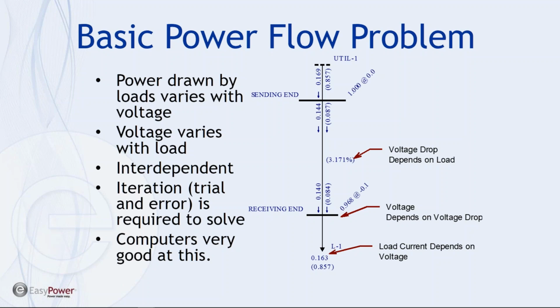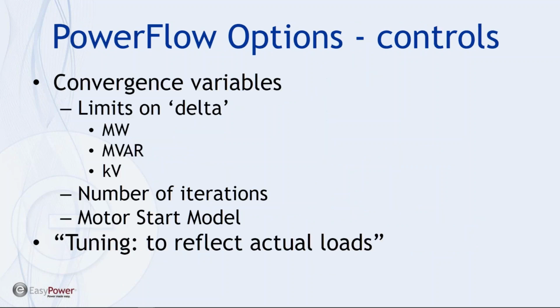Computers are very good at this, and what we end up with is the need, in terms of programming the computer, to be able to resolve the solution in spite of the fact that there could be differences on where the ultimate solution of these equations ends up. So part of the controls involves the ability to set the variables involved in this convergence.